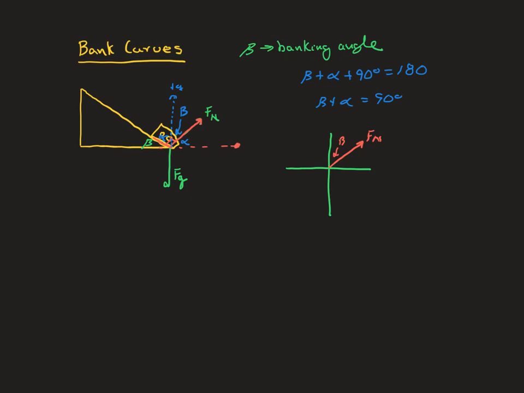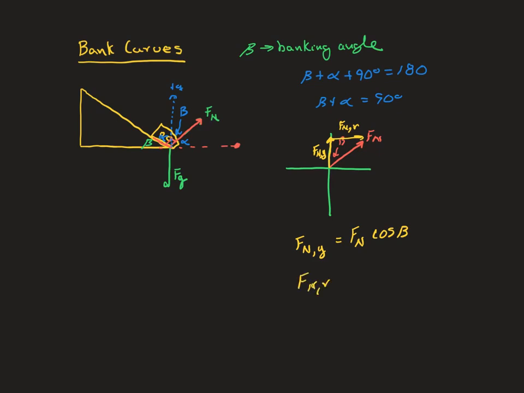That means that when I draw in my components, I have force normal in the y, and I have force normal in the radial direction. So we say force normal in the y is going to equal, see, we're dealing with adjacent here, so we're going to say force normal, because that's the hypotenuse, and the y is adjacent, so we're going to use cosine of beta.